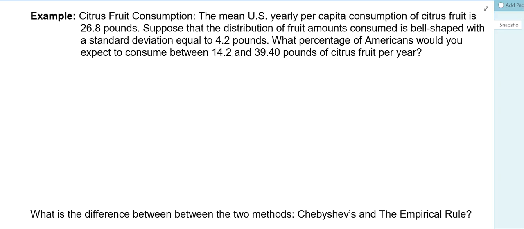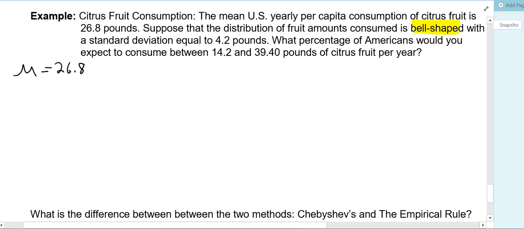Citrus fruit consumption. The mean U.S. yearly per capita consumption of citrus fruit is 26.8 pounds. So I know the mean is 26.8 pounds. The distribution of fruit amounts consumed is bell-shaped.